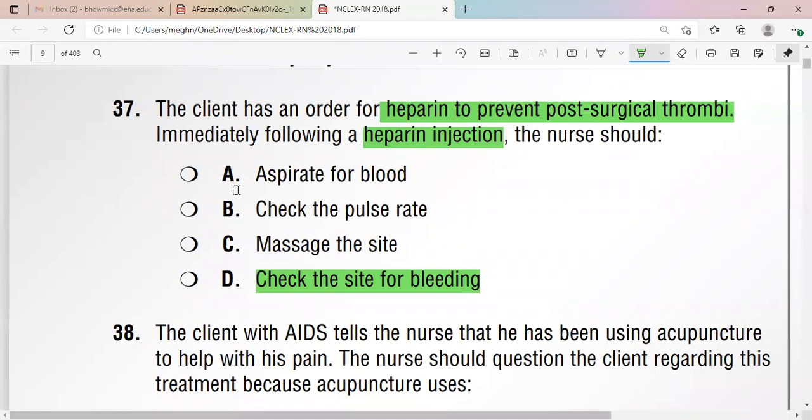Answers A and C are incorrect because aspirating and massaging at the site are not done. And checking the pulse is not necessary because of the heparin.